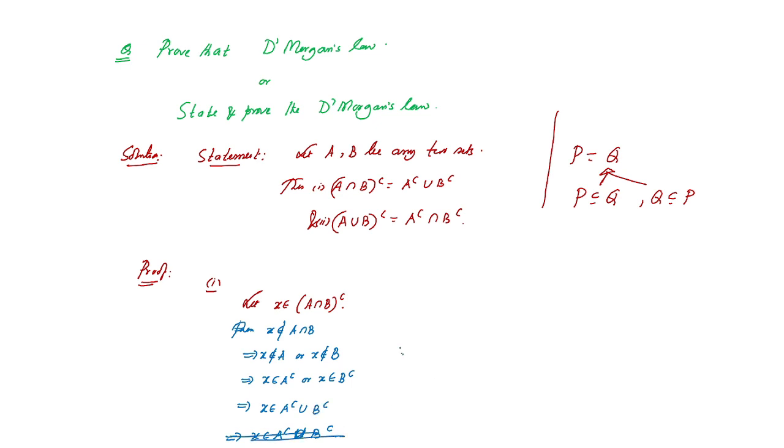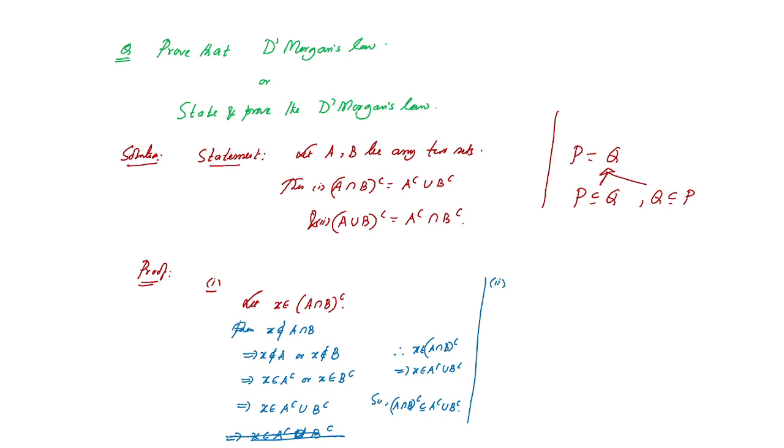So what have we proved here? X belongs to (A intersection B) complement implies X belongs to A complement union B complement. So (A intersection B) complement is a subset of A complement union B complement.